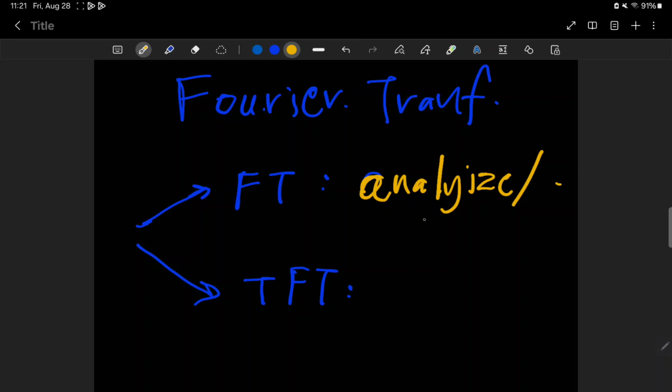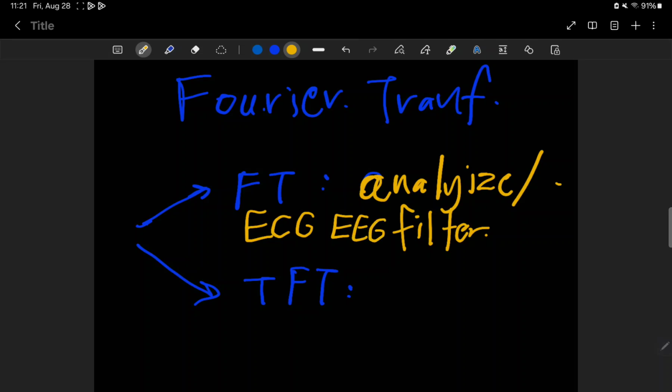In biomedical engineering, we apply that when we study signals like ECG, electrocardiograph, or EEG, electroencephalograph, the waves of the brain. I'm going to talk about this in more detail in a bit.